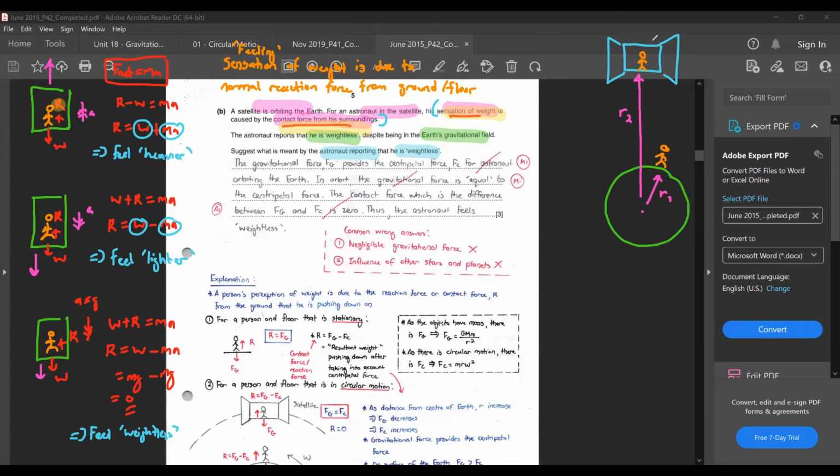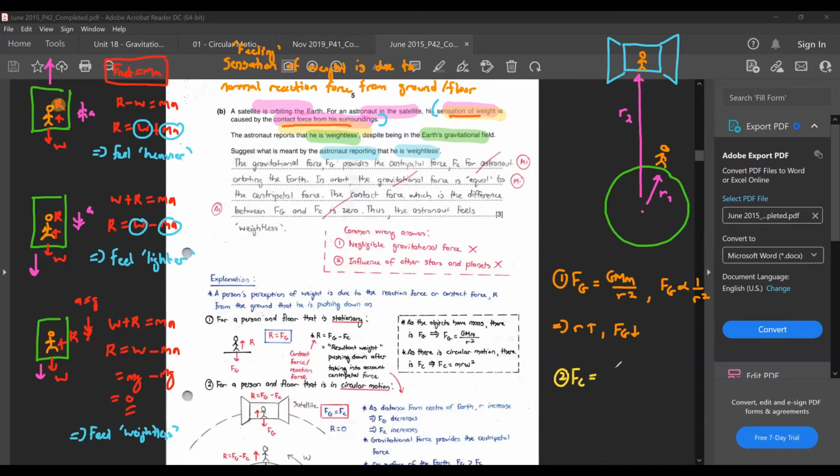We know that gravitational force is equal to GMm over r squared, where we can see that Fg is inversely proportional to r squared. So if your radius increases, or rather your separation increases, your gravitational force will drop. And then after that, you try to single out centripetal force.